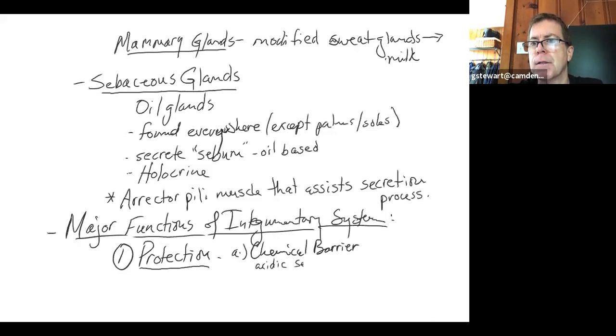Acidic secretions, melanin secreted by melanocytes provides a chemical barrier against UV rays of the sun damage. So these things help control bacteria, they're antimicrobial, and also I'll just write UV protection.